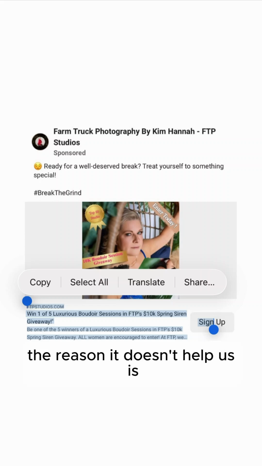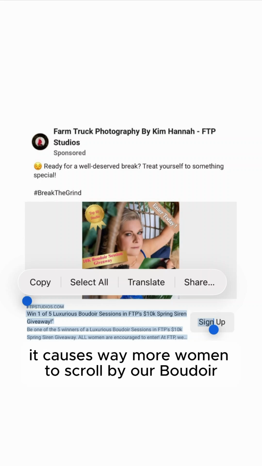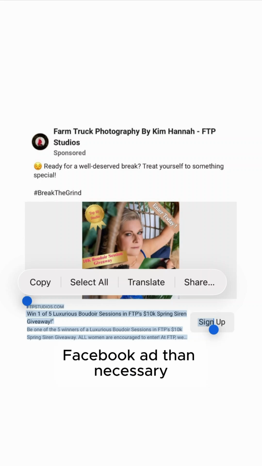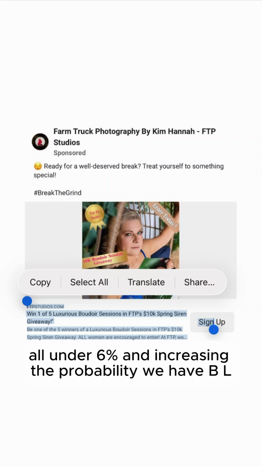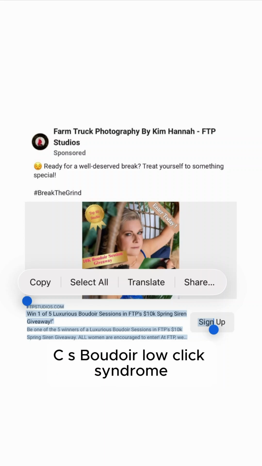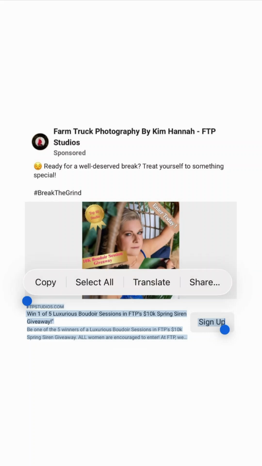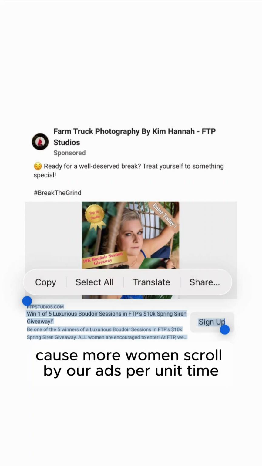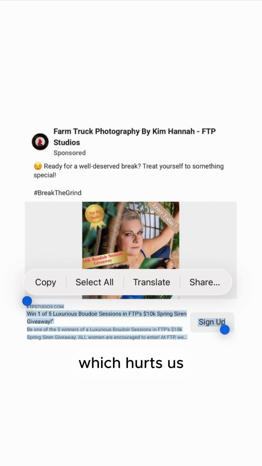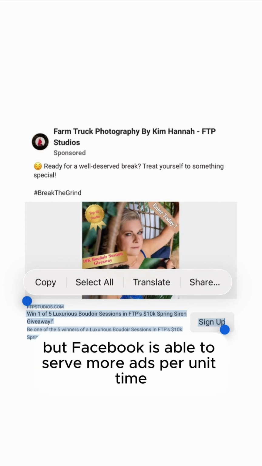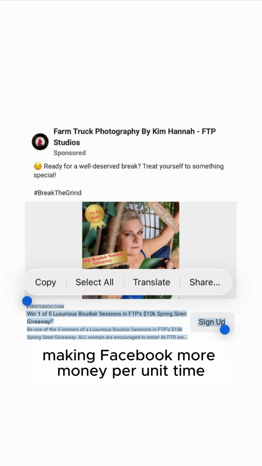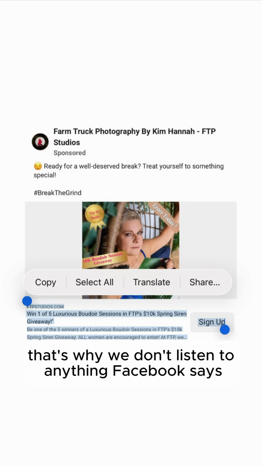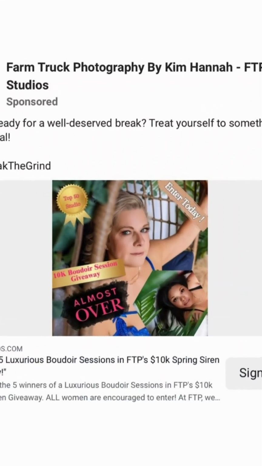The reason it doesn't help us is it causes way more women to scroll by our Boudoir Facebook ad than necessary, pulling unique CTR under 6% and increasing the probability we have BLCS, Boudoir low click syndrome. Facebook likes this because more women scroll by our ads per unit time, which hurts us, but Facebook is able to serve more ads per unit time, making Facebook more money per unit time. That's why we don't listen to anything Facebook says.